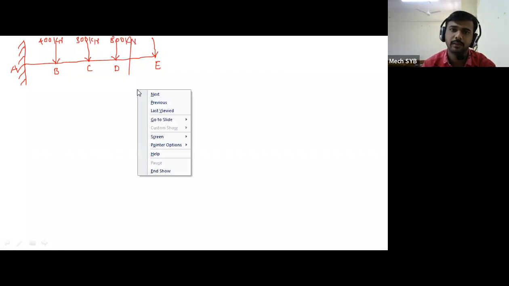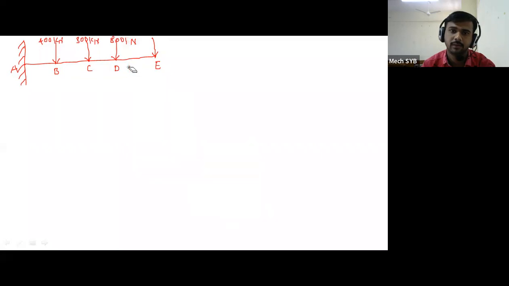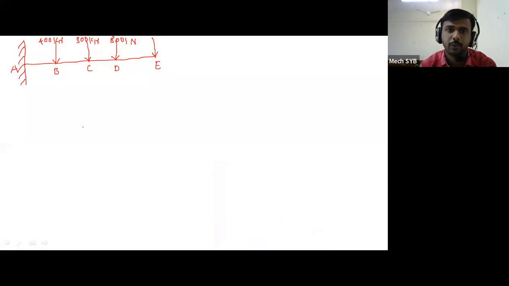So point load at point D is 800 kilonewton, and point load at point E is equal to 500 kilonewton.